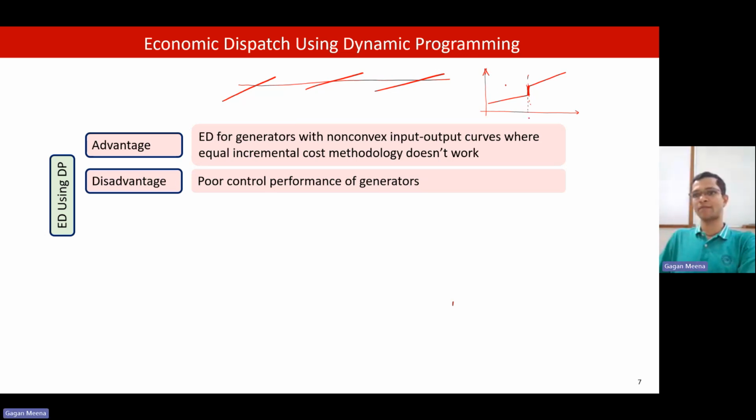For 60 megawatt, or it can be 40, we have two incremental costs for one value because of the discontinuity.